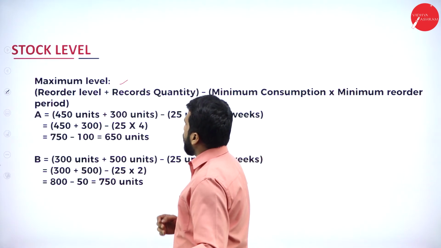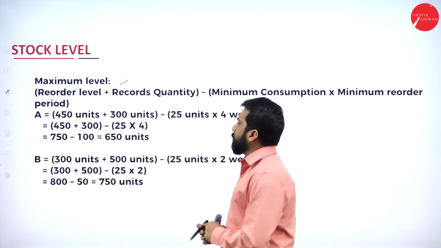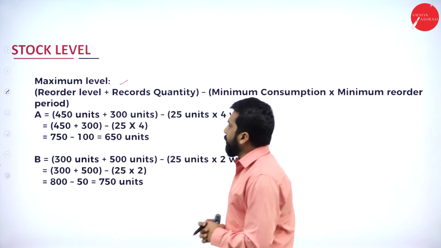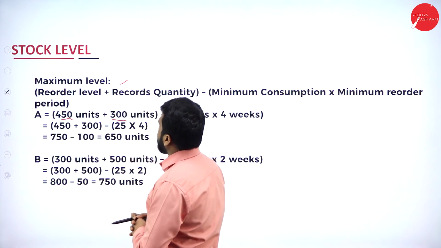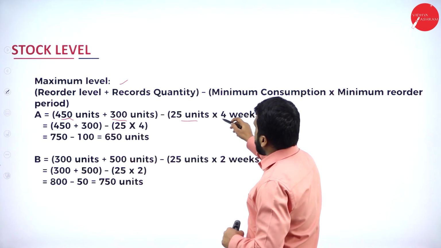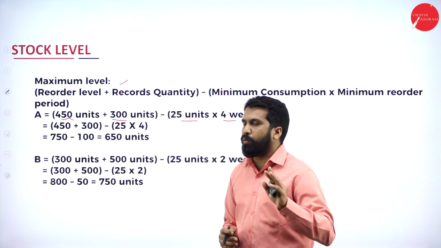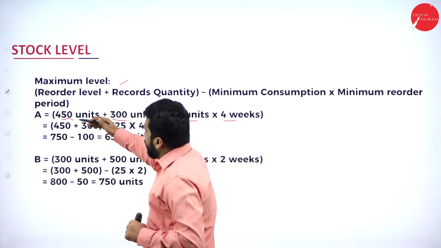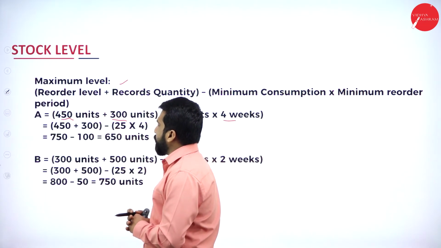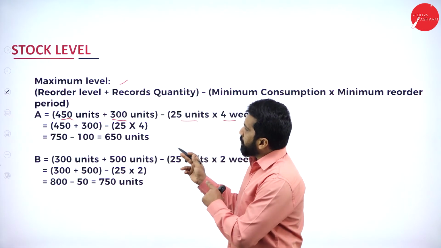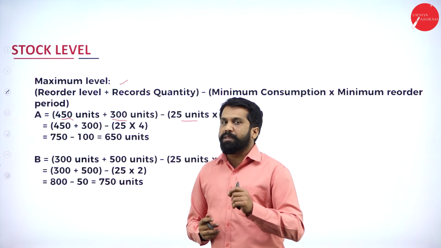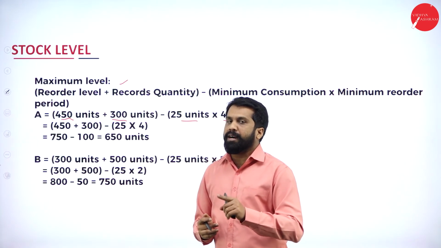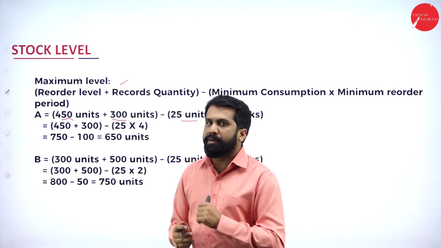Now, it is easy. First, we'll do it for A, then we'll go for B. A is how much? 450 plus 300, it is 750. 25 into 4, it is how much? 100. See, individual step-by-step calculation we have done. We can do it directly with the help of a calculator, but your evaluator will not get to know whether you have used a calculator or copied from somebody else.